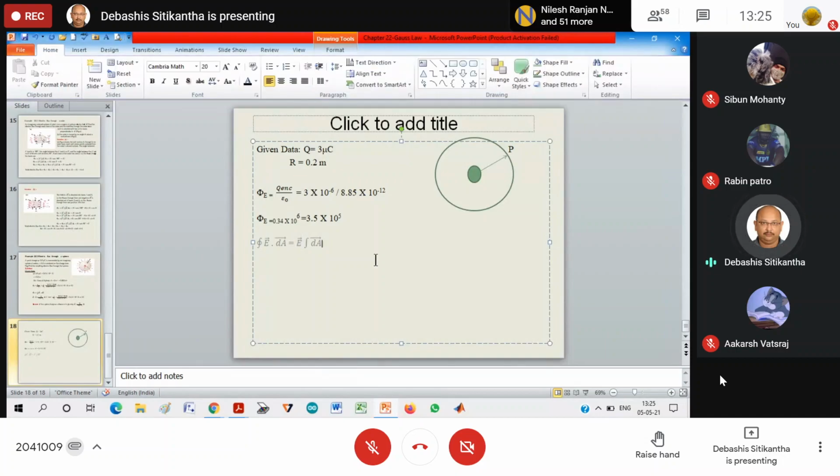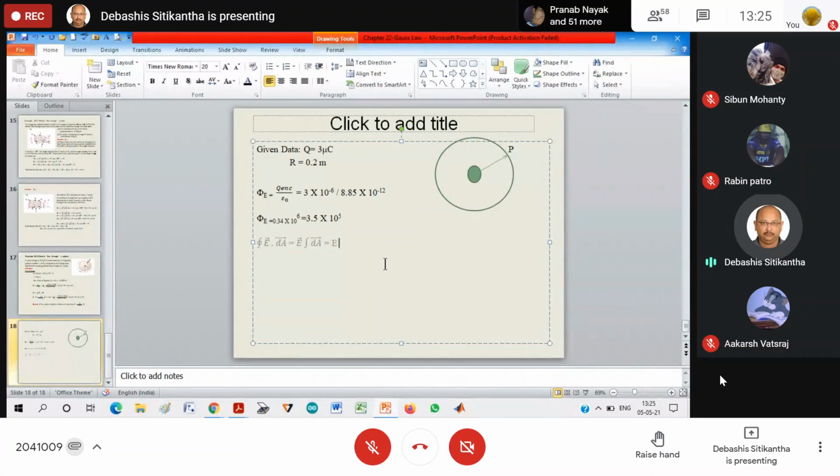So now what am I going to do? Let us forget about this vector and simply write it in terms of its magnitude. So E integration of dA.